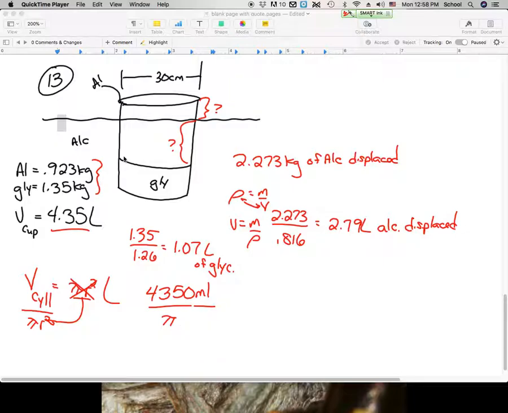The diameter was 30, so the radius is going to be 15. So 4,350 divided by pi times 15 squared gives me 6.15 centimeters as my height. So that tells me that this total distance here is 6.15.